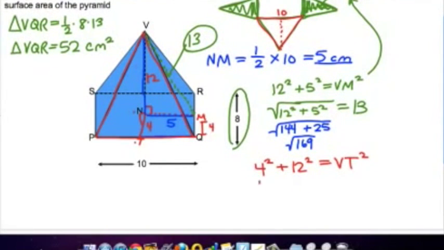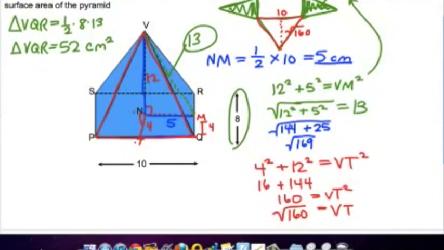So that means I have 16 plus 144, and that's going to equal 160. So my answer in this case is going to be the square root of 160. That's not a very pretty number, but that is going to happen often. So my height for this triangle, if you look back to the net, is the square root of 160.